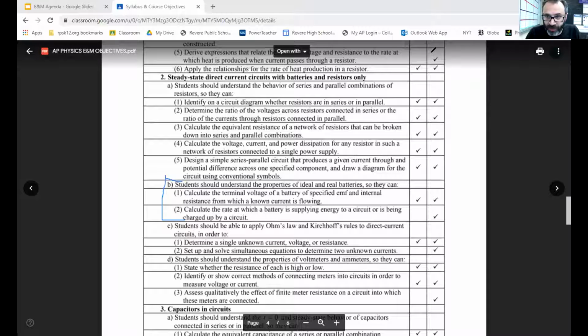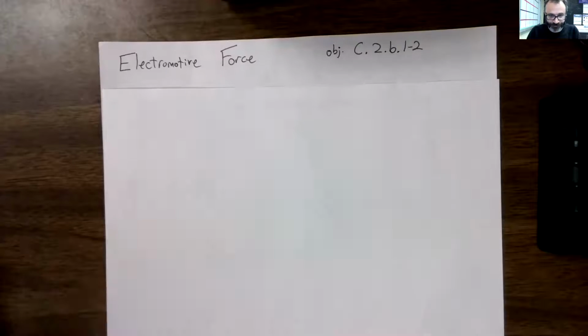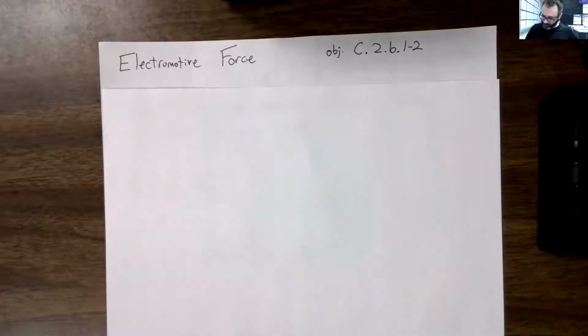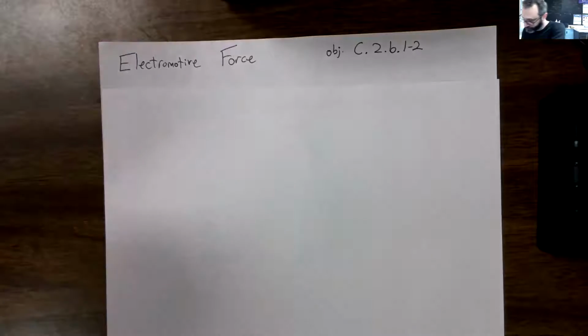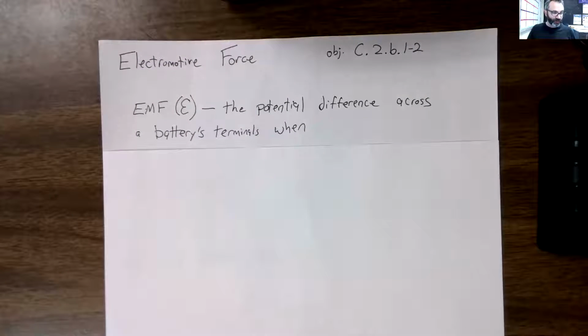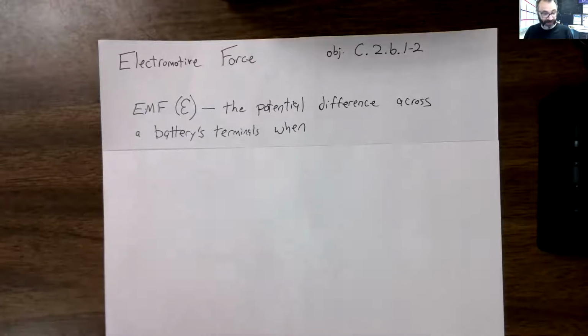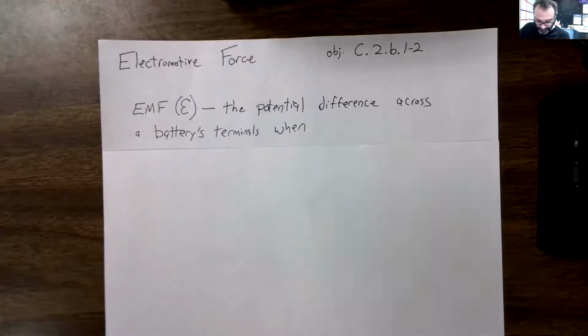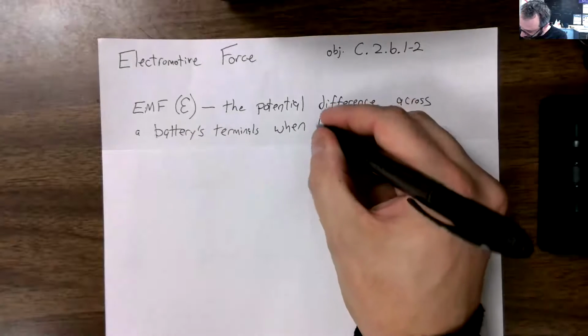All right, so back to the paper. Okay, here we go. Electromotive force. So electromotive force is just the potential difference across a battery's terminals. In any circuit, the EMF is going to be the potential across a battery's terminals when there's no current.